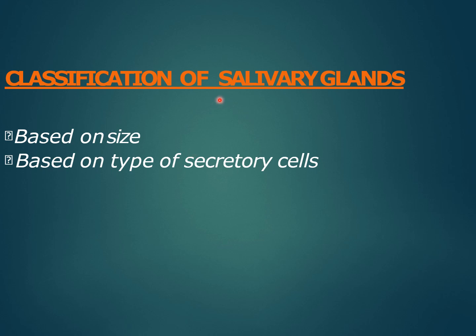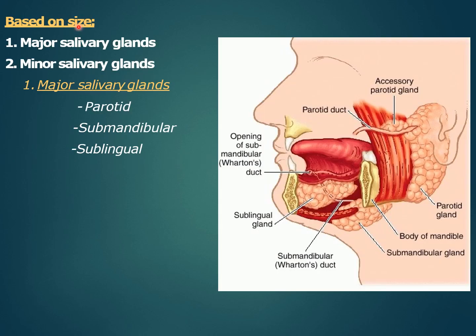About the classification of salivary glands based on size and based on type of secretory cells. First, based on size. The salivary glands are of two types based on size, major and minor. Major salivary glands include parotid, submandibular and sublingual.